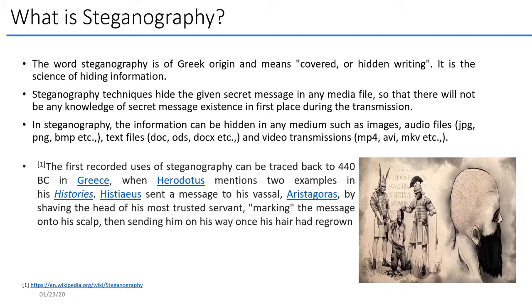Once he reaches the small king, whoever is ruling a region of the bigger kingdom, he'll shave the slave's head and take the message. This is an analogy to the steganography we have implemented in the computer science field.